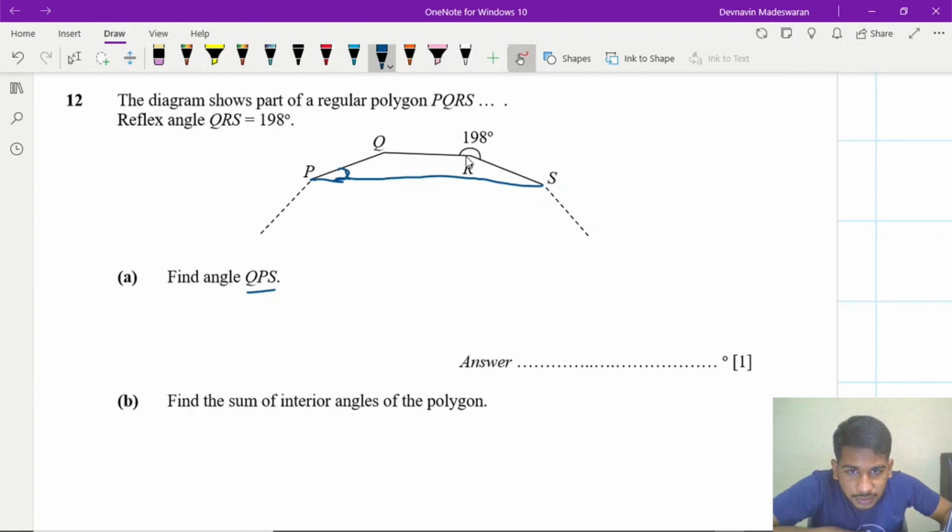So we can find the interior angle, because we can just take 360 minus that. I feel, right, if this is QPS, if we know this angle, this thing will be parallel to this thing, so we can have 180 degrees minus that thing to give you this thing.